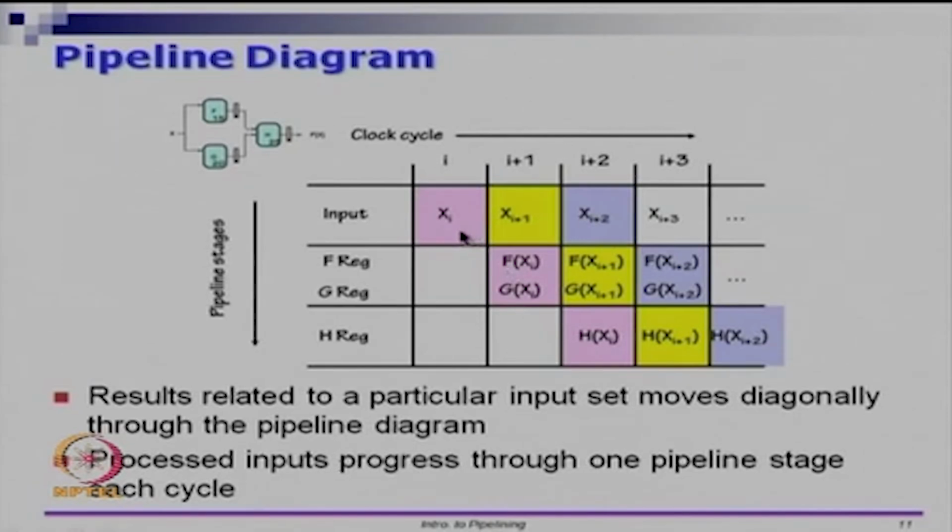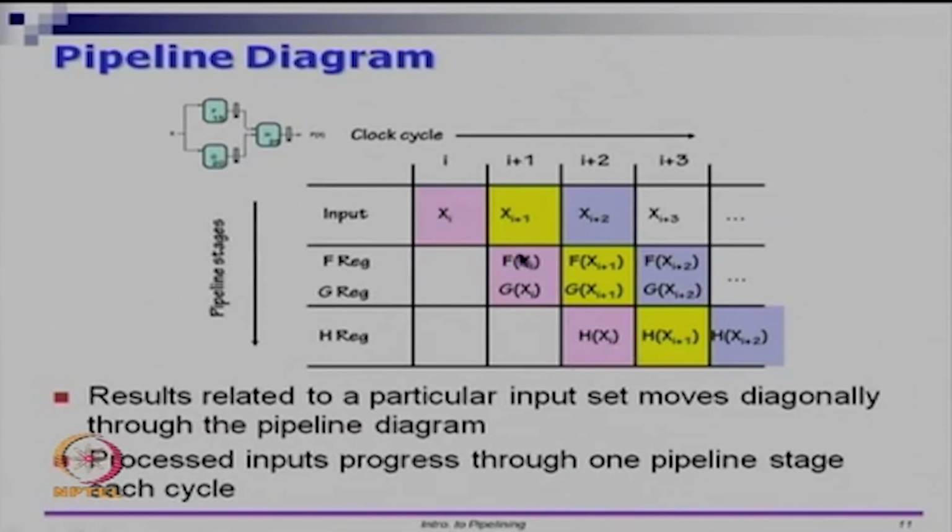You can think of this as the unwashed clothes, this is the washer, and this is the dryer, right. In the washer and dryer example, we did not have f and g, there was only one washer, one f and one h, whereas here we have f and g, there are two combinational blocks.